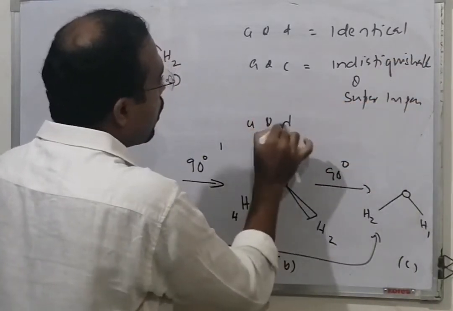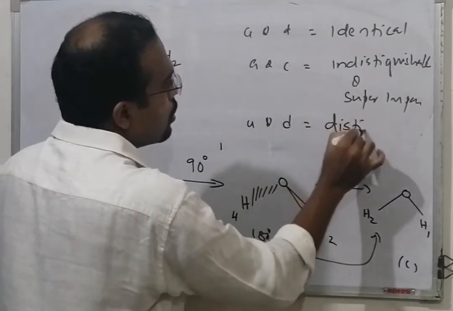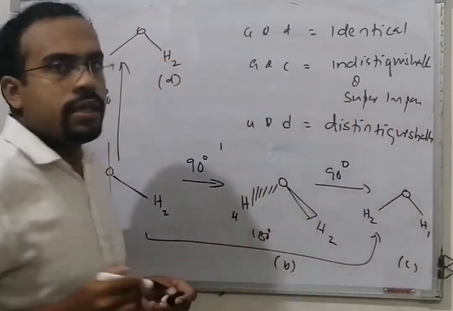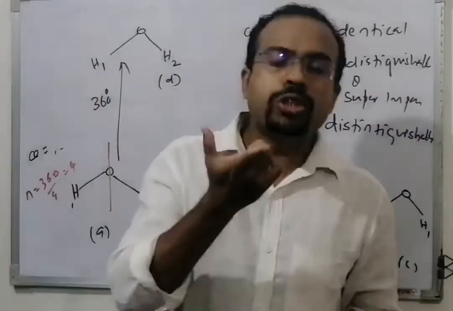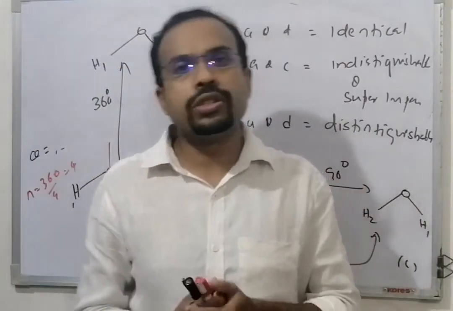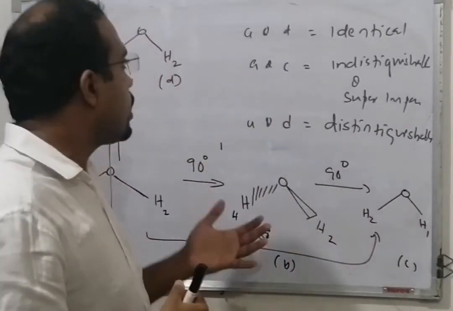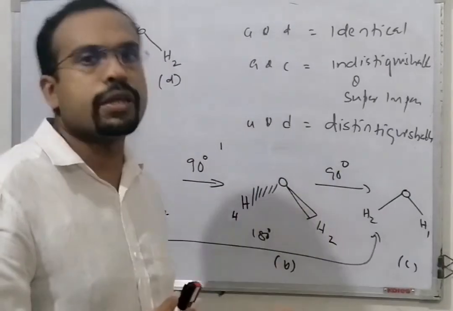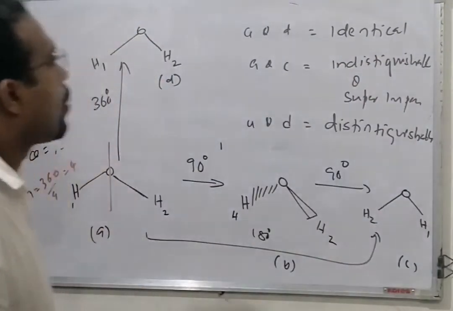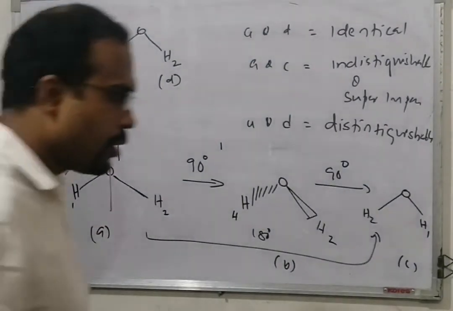A and B are distinguishable. Therefore, a molecule will be said to have a rotational symmetry when it rotates about a respective axis by a particular angle to give an indistinguishable and superimposable or identical geometry. Fine? Yes.